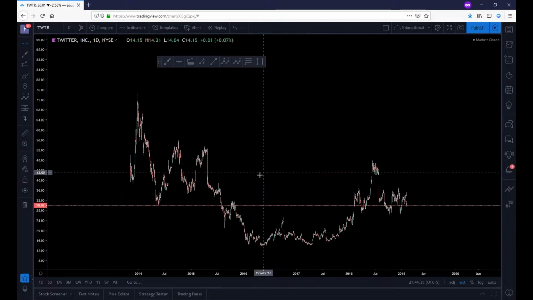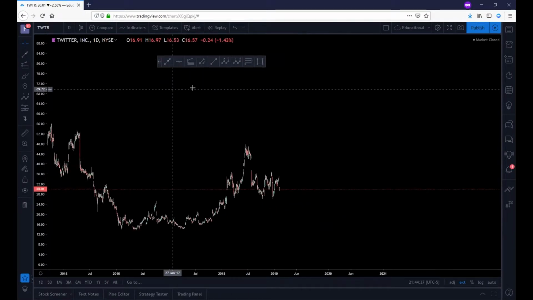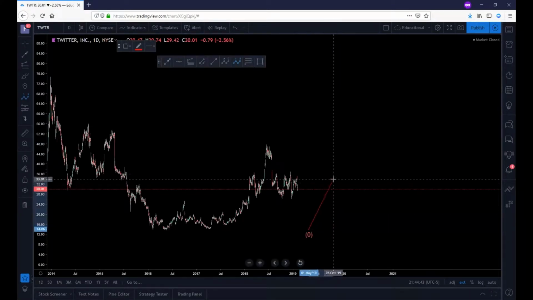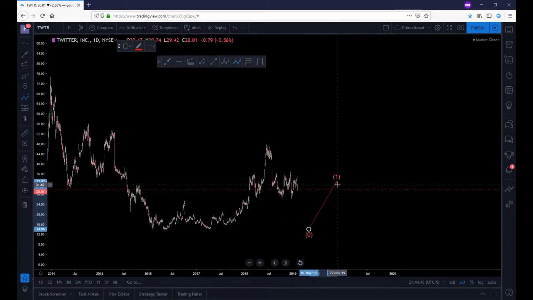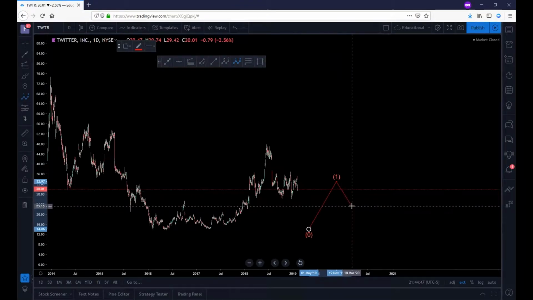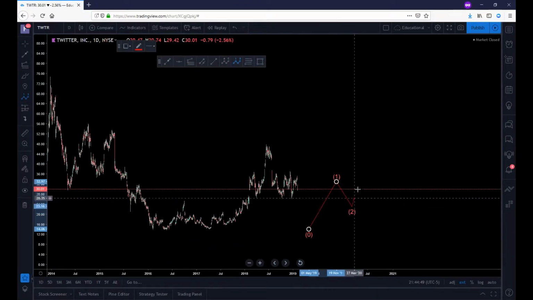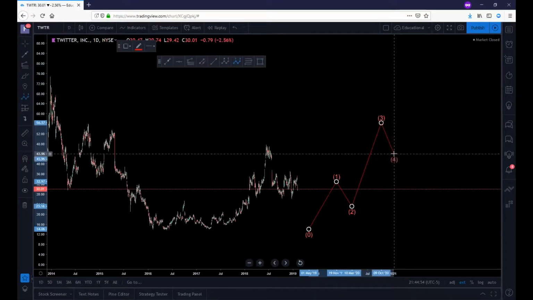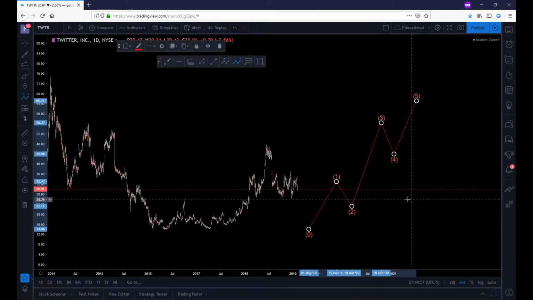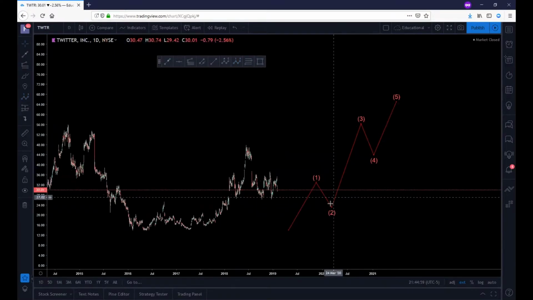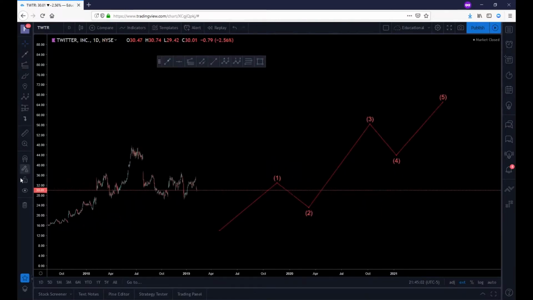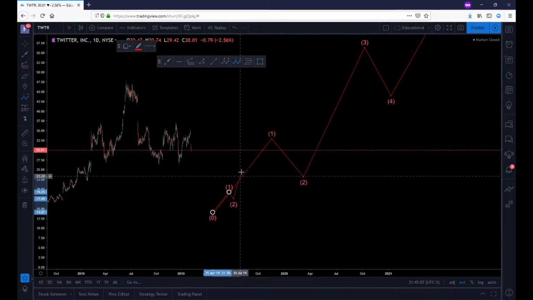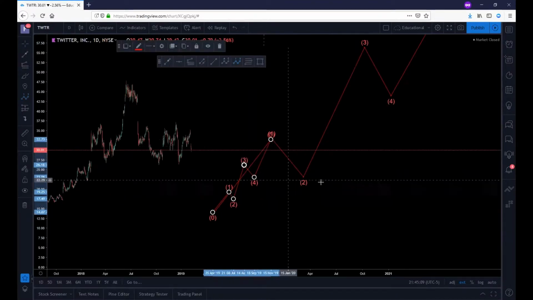Here we have a chart of Twitter, which we'll dive into, but for now, we'll show you a generic sample. So we have a wave 1, which is impulsive, then it corrects into a wave 2, which is corrective, then another impulsive wave 3, which corrects into a 4, and then a final wave 5. Now within these waves, you will find 5 impulsive waves within the impulsive waves.